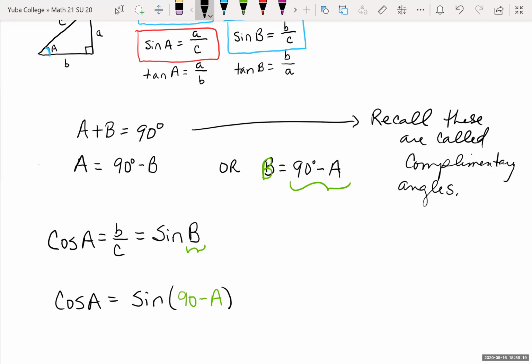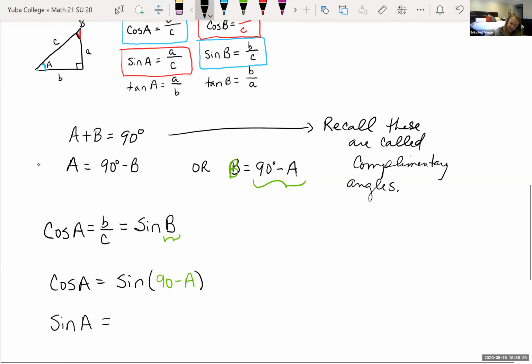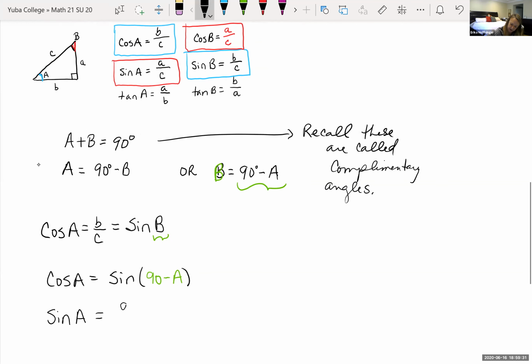I can do the same thing with sine of A. If I look at sine of A, that was A over C up here.